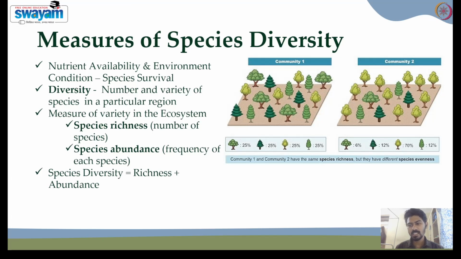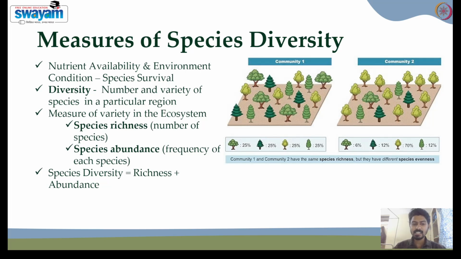So what about species evenness or species abundance? It is different, because in community 1 there is an equal proportion of trees, whereas in community 2, 70 percent of one species dominates over the others.